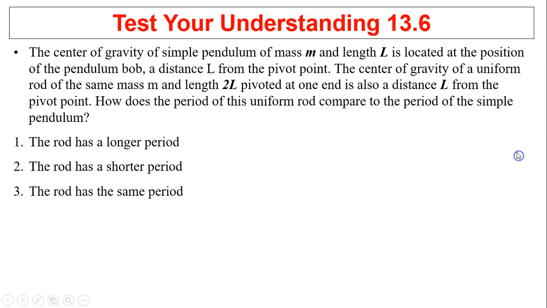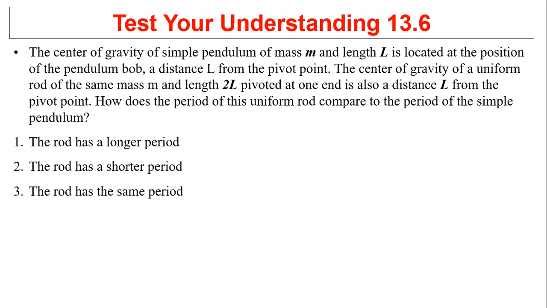That's it. Let's take a look at another one. Test your understanding. The center of gravity of a simple pendulum of mass m and length l is located at the position of the pendulum bob, distance l from the pivot point. The center of gravity of a uniform rod of the same mass m and length 2l, now pivoted at one end, is also a distance l from the pivot point.